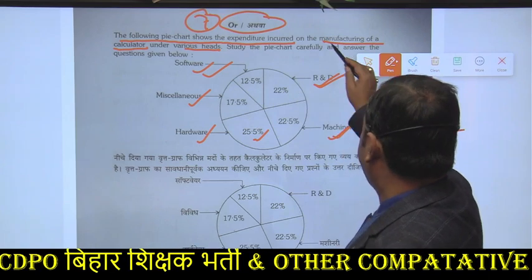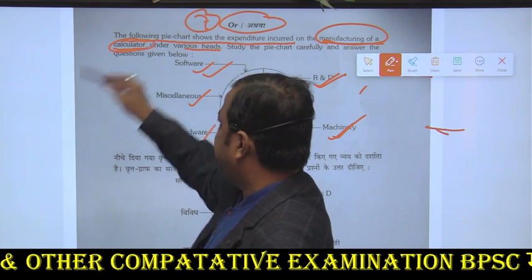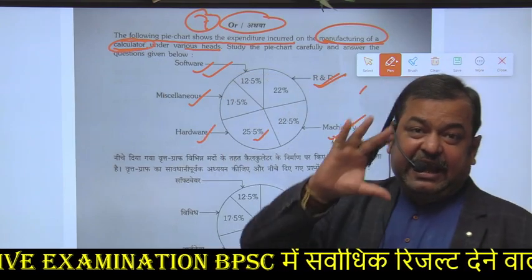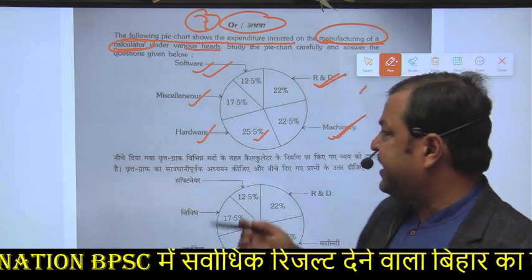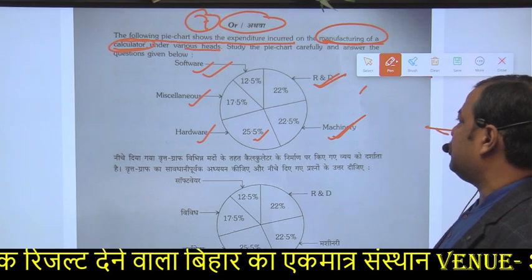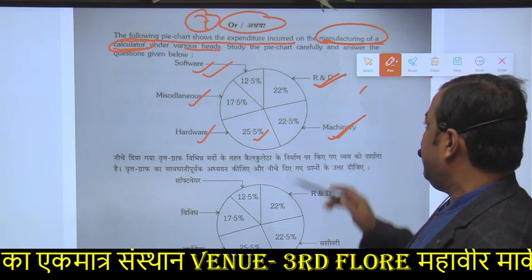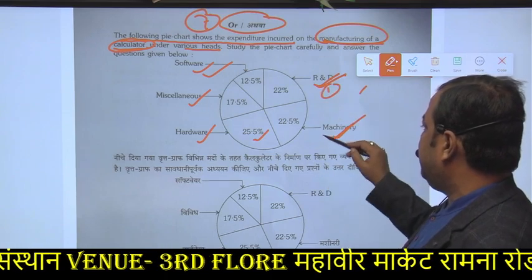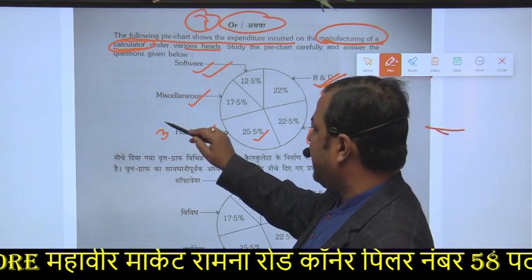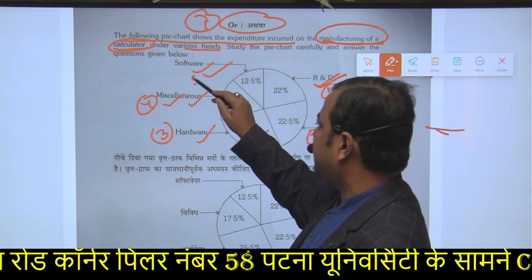First of all, one manufacturing of a calculator, यानी यहाँ पर कैलकुलेटर के एक पीस के निर्माण में कितने कितने परसेंटेज एक्सपेंडिचर डिफरेंट पार्ट्स पर होते हैं उसके बारे में यहाँ पर डिटेल से एक्सप्लेनेशन है। R&D 1 पार्ट, मशीनरी 2nd पार्ट, हार्डवेयर 3rd पार्ट, मिसलेनियस 4th पार्ट and software 5 parts.